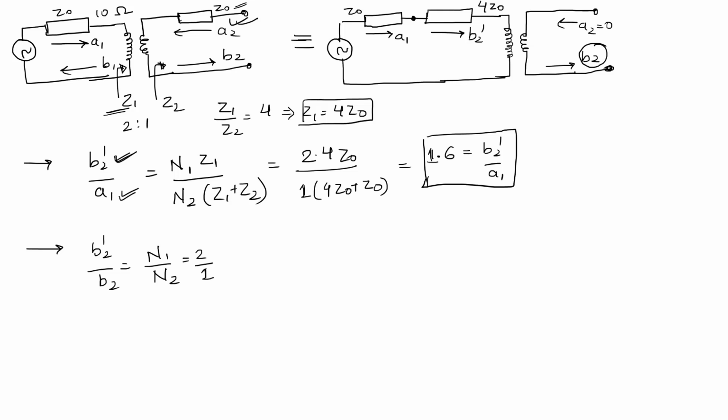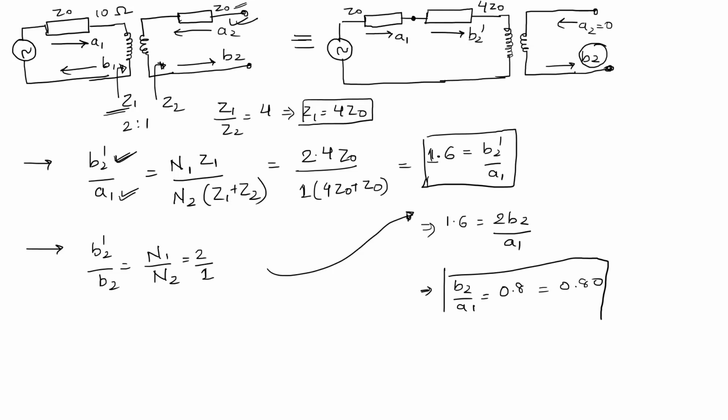Substituting this value here, we get 1.6 is equal to 2 B2 upon A1, and this turns out to be B2 upon A1 is equal to 0.8, or rather 0.80, rounded to 2 decimals. So this is what our solution should look like: S21 is 0.80.